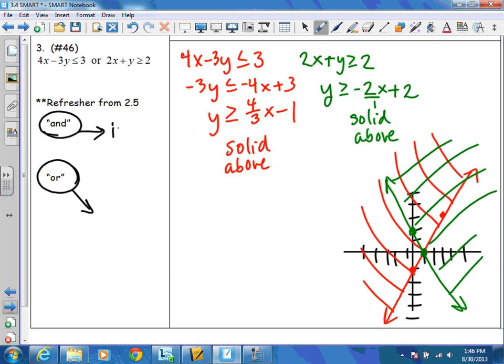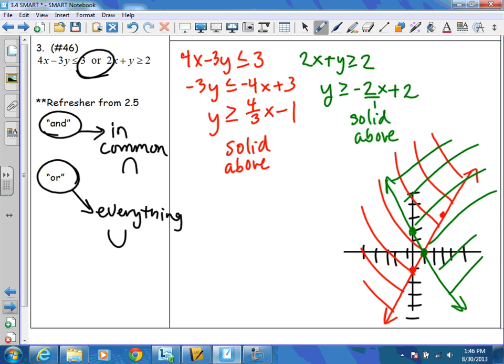In common. It's the intersection. It's only what they have in common. Or, though, means all of it, everything. And that symbol is the melting pot, the union.